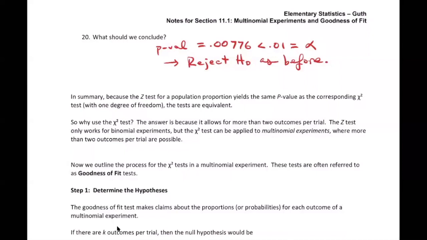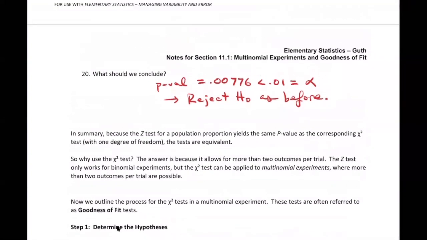Right now, the proportions were p and q, the proportion of successes and the proportion of failures. That's 2 proportions for 2 categories. If there are 3 categories, then you need 3 proportions, and they have to add up to 100%. If there are 4 categories, then you need 4 proportions, and they have to add up to 100%, because altogether they make 100% of your data.